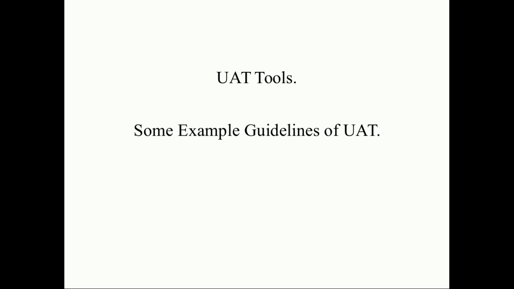Now we have certain example guidelines for UAT. What are these guidelines? In most regular software development scenarios, UAT is carried out in a QA environment. If there is no staging or UAT environment, then it should be implemented.